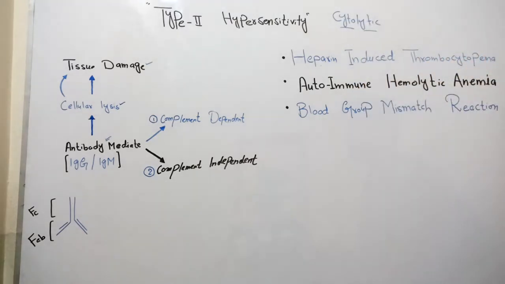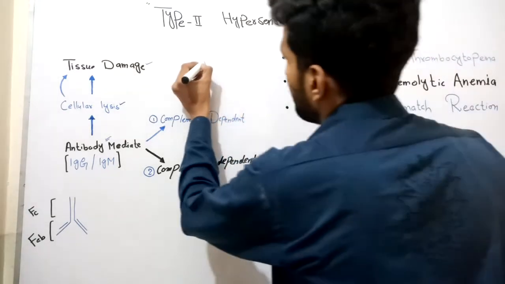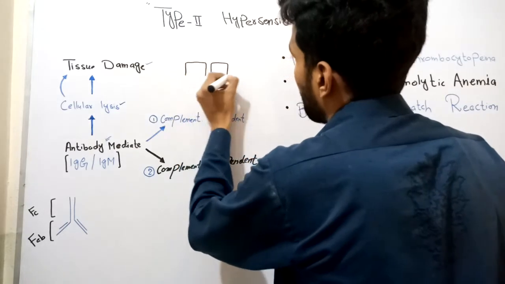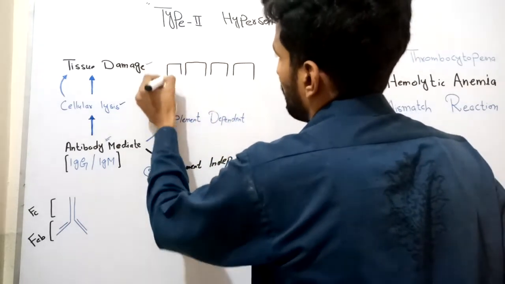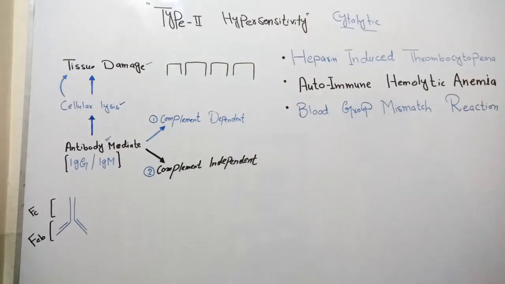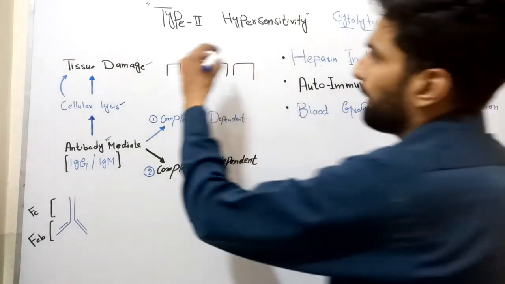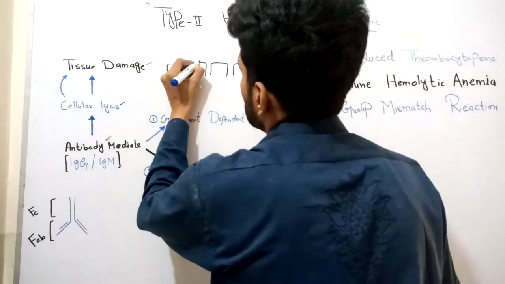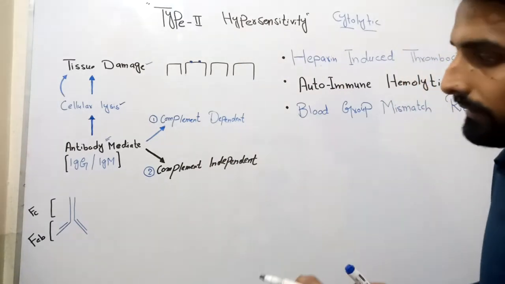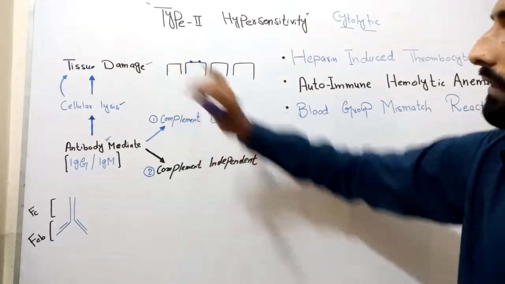So first of all, let me tell you one thing. What will happen in this case? For example, this is a tissue. In this case, foreign antigens or self antigens might come and attach on some cells of the tissue.